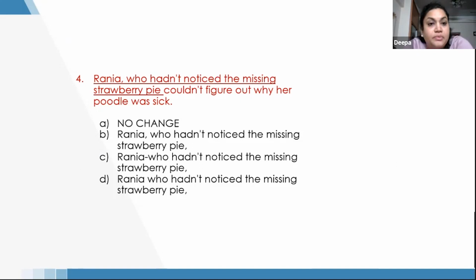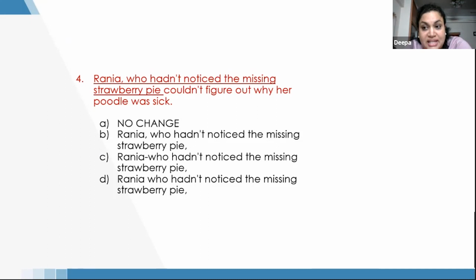Now here, we have a parenthetical element: Rania, who had not noticed her missing strawberry pie, could not figure out why her poodle was sick. In this case, do we have to use a comma? Check.